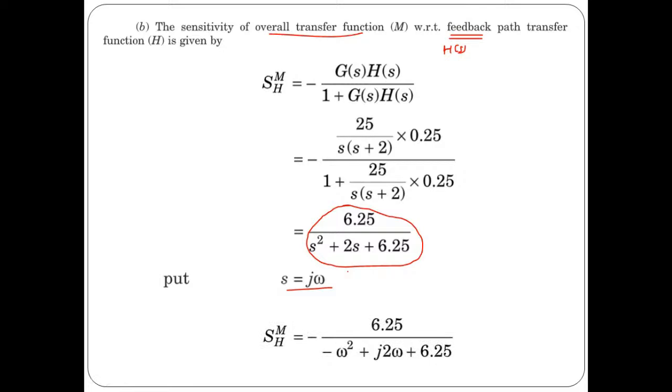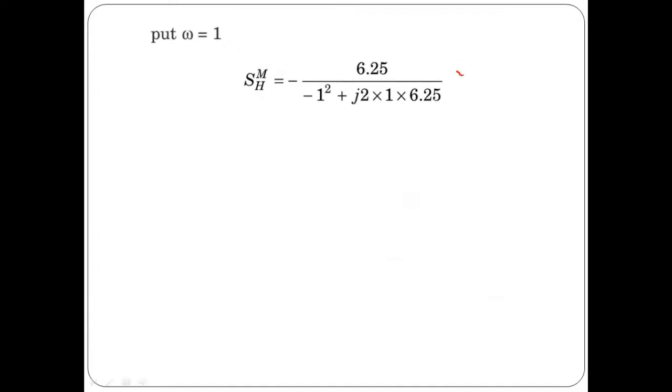So the moment you replace this by j omega, and if you solve this equation, you will get this as an output. And here we need to replace omega by 1 radian per second, because our objective is to calculate the sensitivity at this particular frequency. The moment you put omega equals to 1, you will get this as an output.